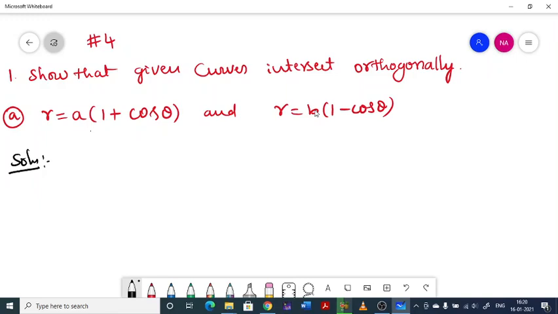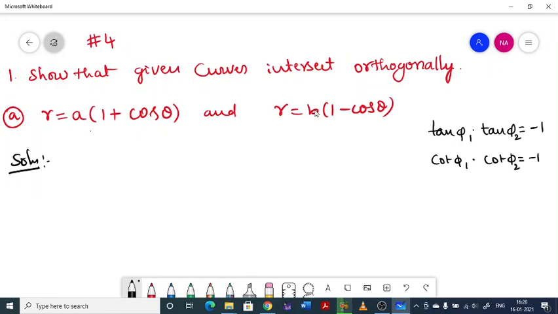Additional conditions to check orthogonal intersection of pairs of curves are tan phi 1 into tan phi 2 equal to minus 1, or equivalently you can use cot phi 1 into cot phi 2 equal to minus 1.